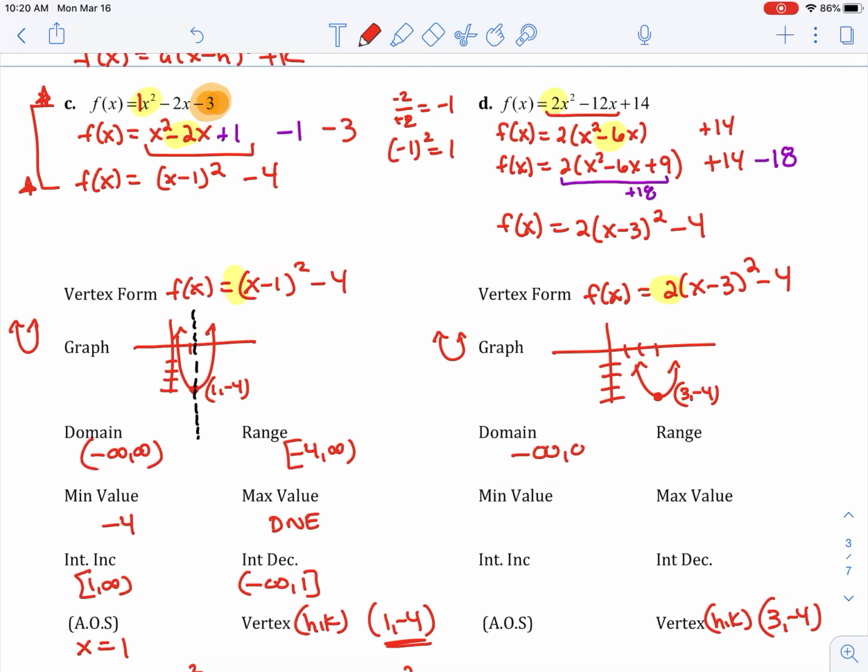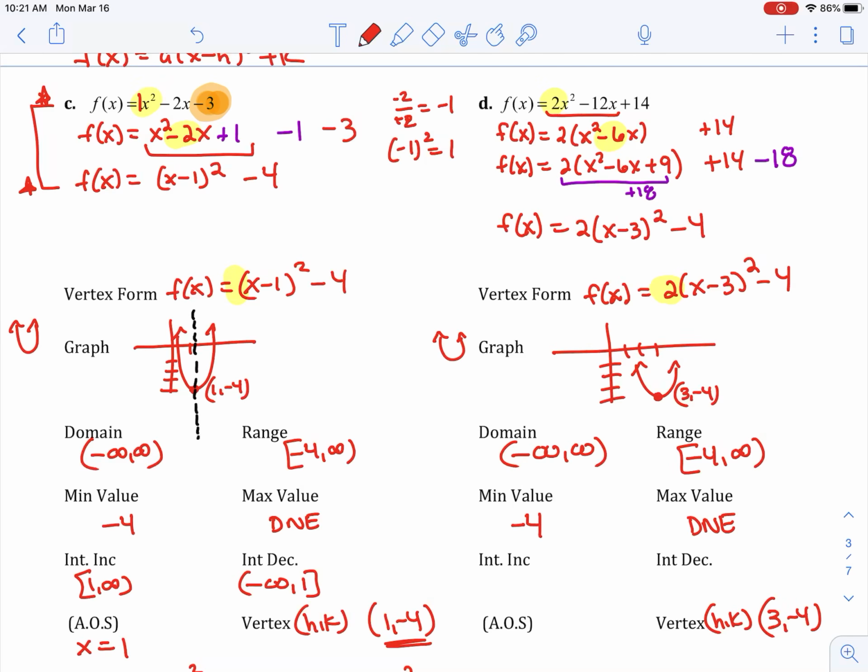Our domain, we have no restrictions, so negative infinity to infinity. Our range is going from negative 4 up to infinity, including the negative 4. Our minimum value, our lowest y, is the negative 4. Our max value does not exist because our graph is going up towards positive infinity.